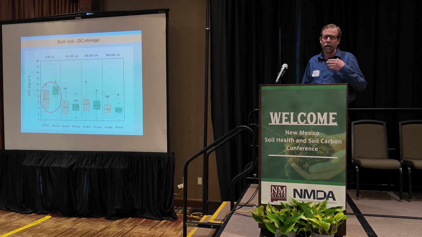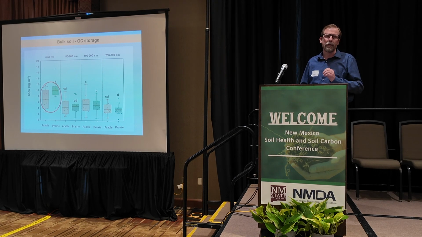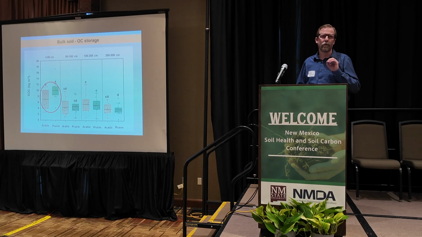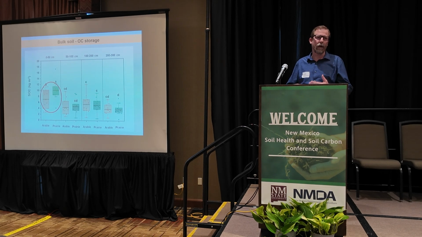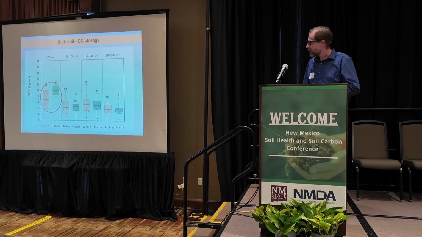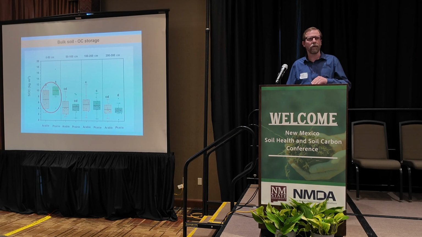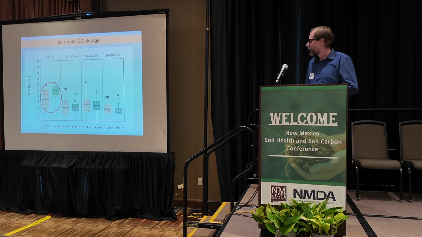And you see the biggest, significant difference in carbon stock is in the first 0 to 50 centimeters. So by a change from grassland into arable land, the majority of carbon we lose is in the 0 to 50 centimeters. Everything else, we didn't see differences between these arable soils and these native prairie soils.